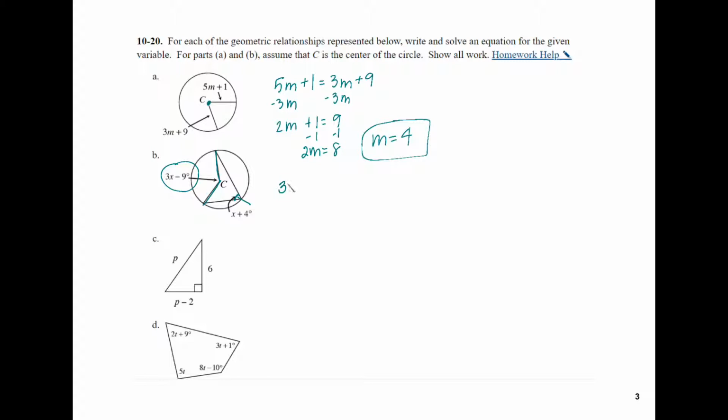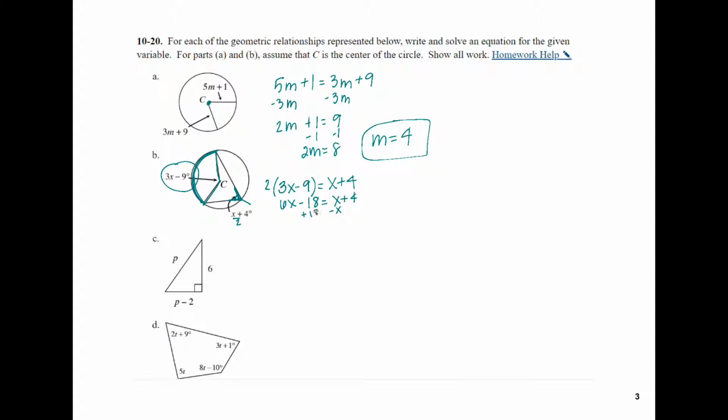So if we take our central angle and we multiply that central angle by 2, hold on, the central angle equals my arc. This angle is half of that. So yes, multiply 3x minus 9 by 2, set that equal to x plus 4. So 6x minus 18 equals x plus 4.